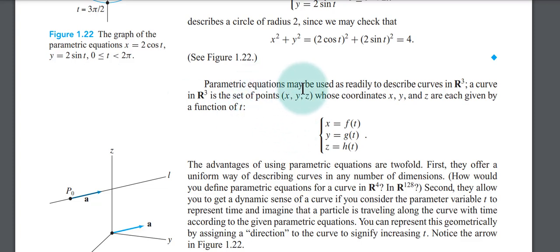So she says here, parametric equations may be used as readily to describe curves in R3, in other words, in 3 space. A curve in R3 is a set of points whose coordinates x, y, and z are given by this set of parametric equations.